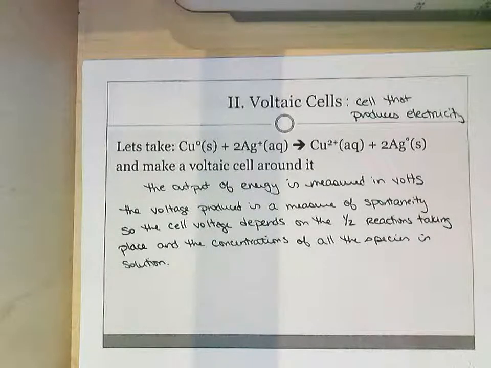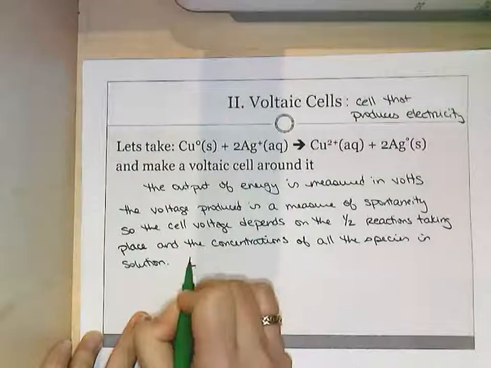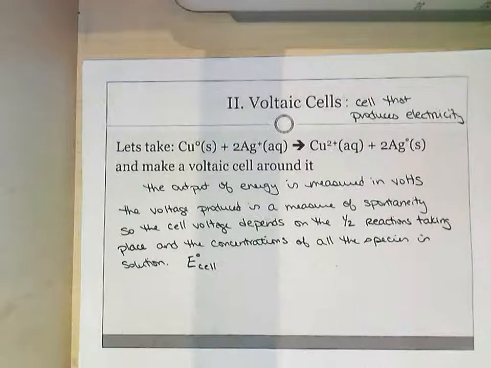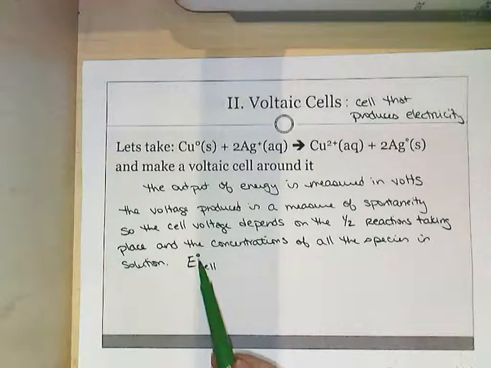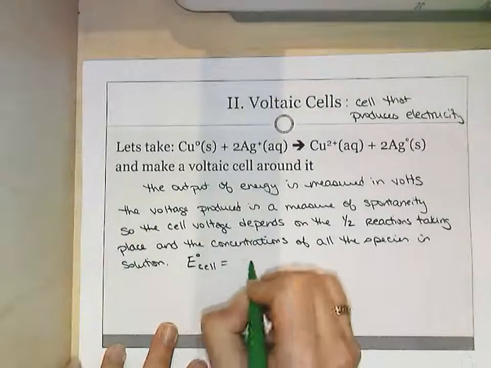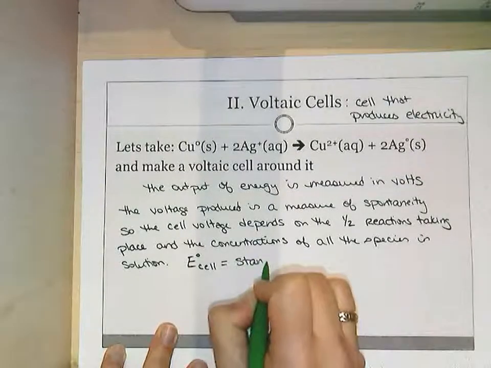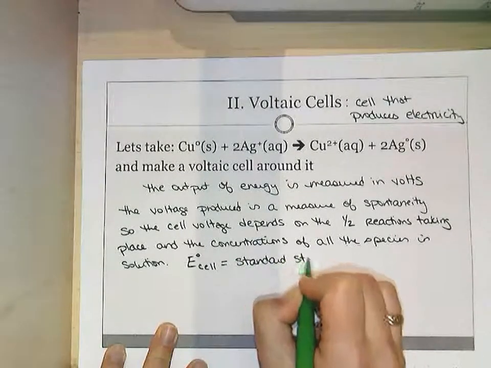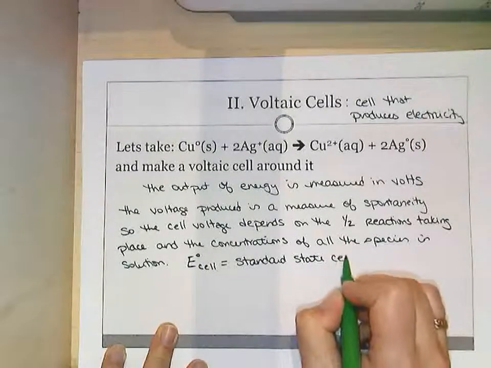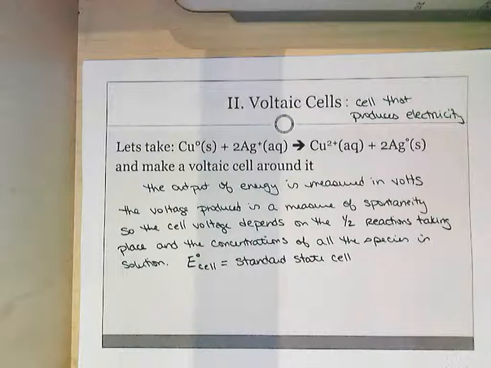So we call that E superscript 0 cell. What is that 0 or that O? What does that tell me about what state I'm in? Standard state. So we're going to call that a standard state cell.